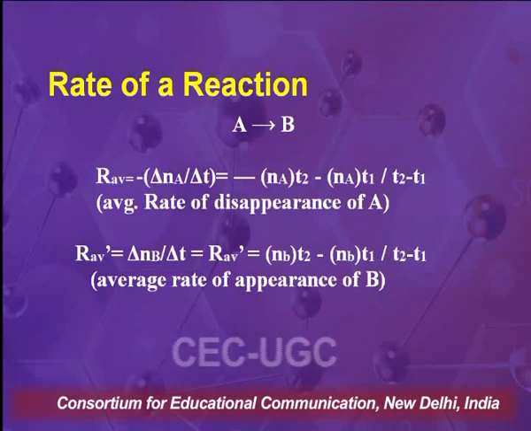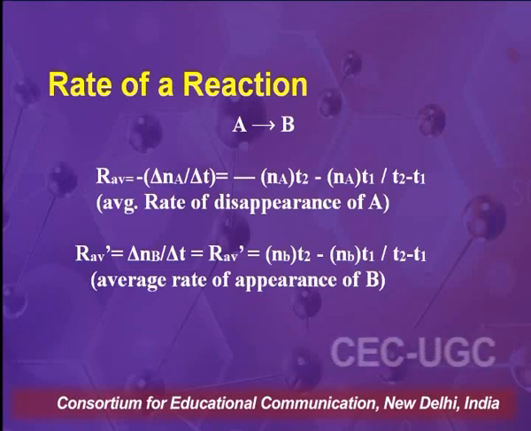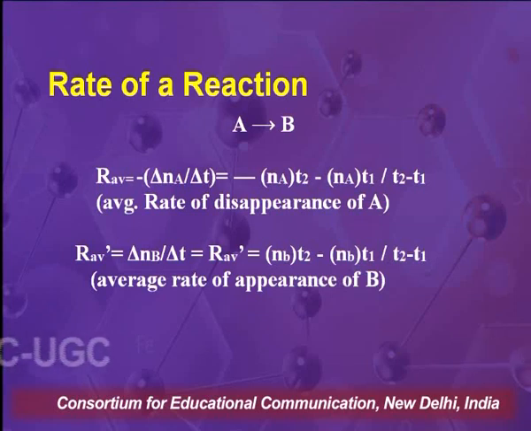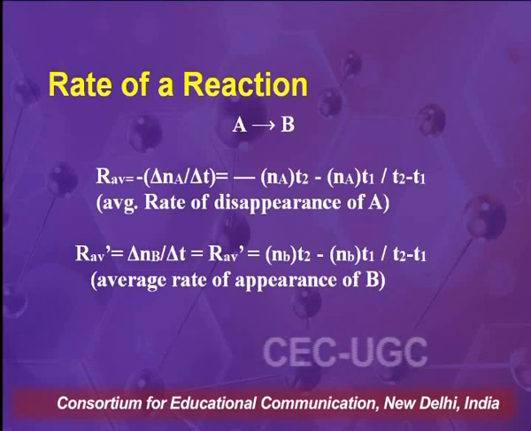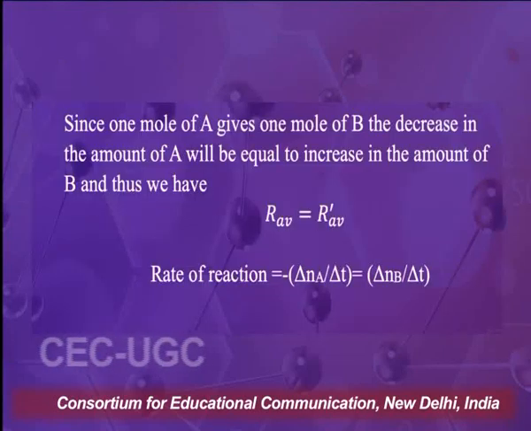The average rate of appearance of B, R average dash, is equal to delta nB by delta t, which is equal to (nB at t2 minus nB at t1) divided by (t2 minus t1).